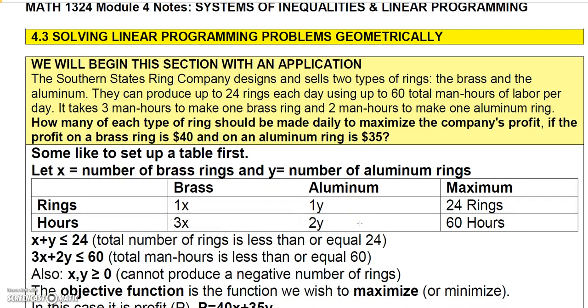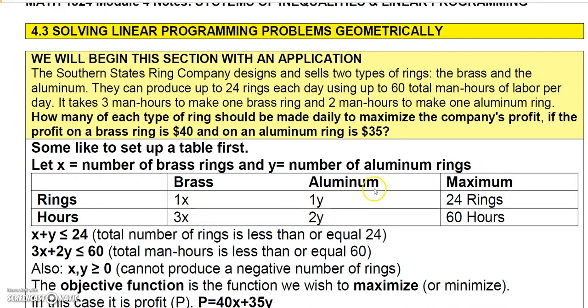The maximum number of rings that you can manufacture per day is 24, so the total number of rings manufactured must be less than or equal to 24. And the maximum number of hours available is 60, so the number of hours utilized has to be less than or equal to 60.